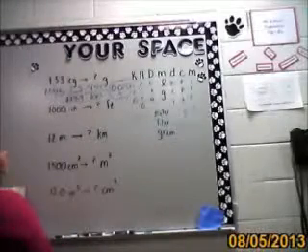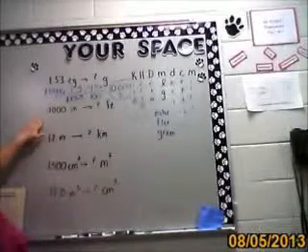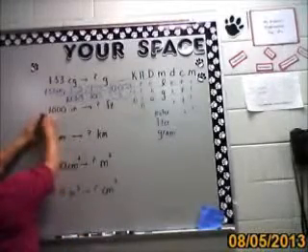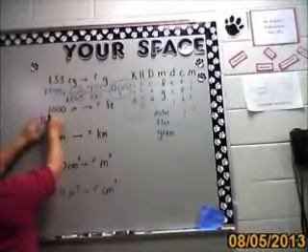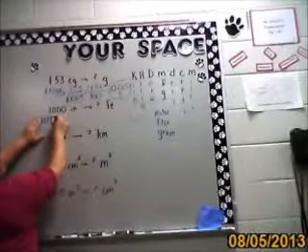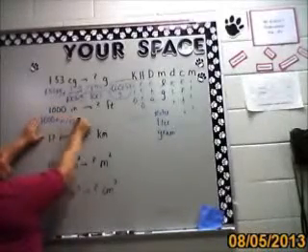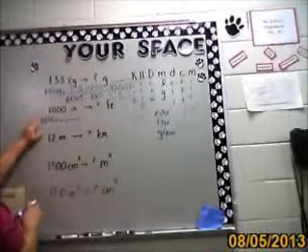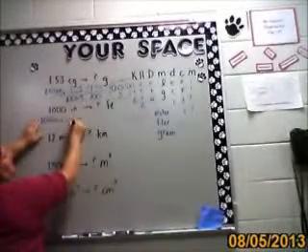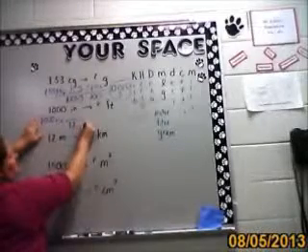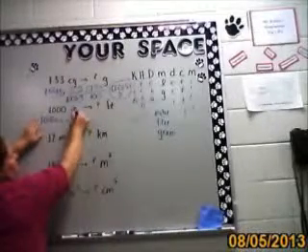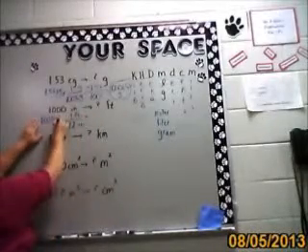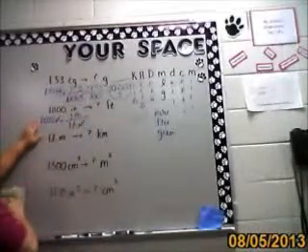My second example, I want to know how many feet are in 1,000 inches. I'm given 1,000 inches. And I know from learning my conversion amounts that there are 12 inches in 1 foot. So now I cancel my units.